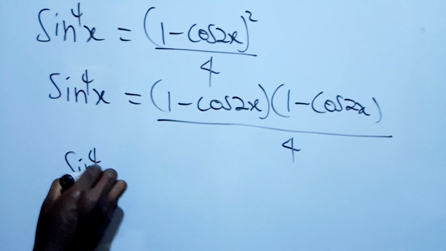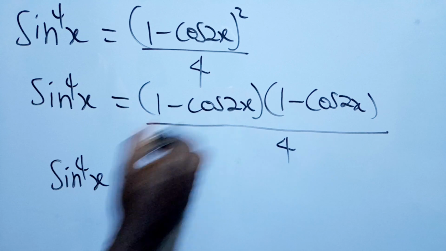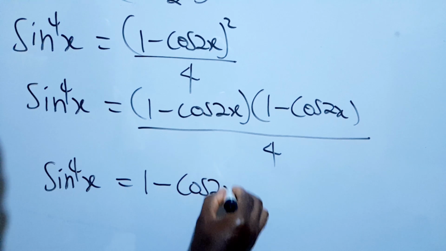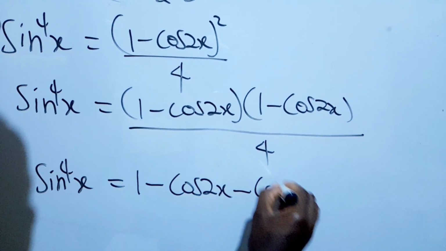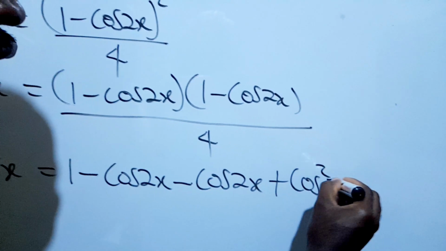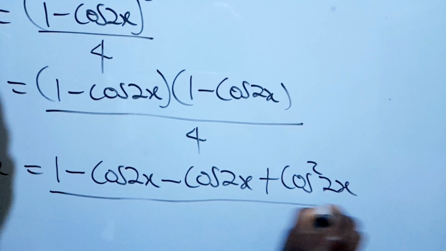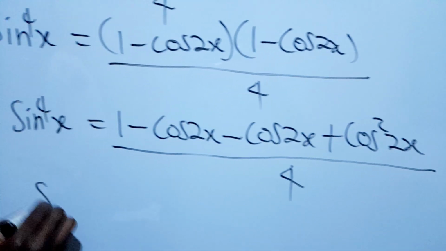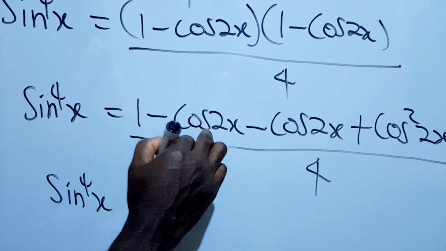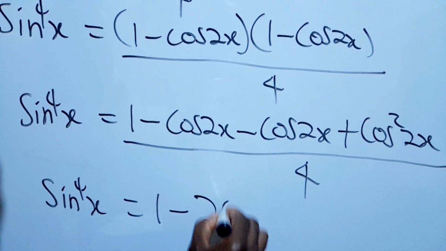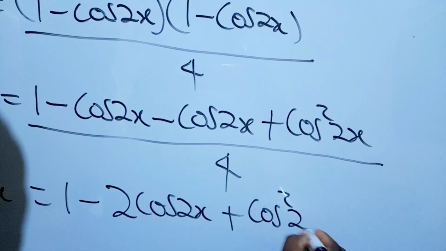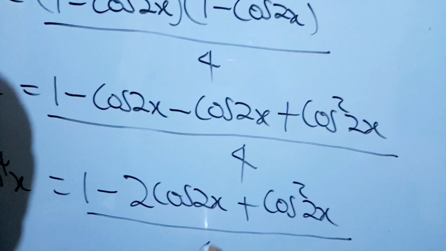So when we expand it, this times this will be 1, this times that will be minus cos 2x, then this will be minus cos 2x, then this times this will be plus cos square 2x, and this over 4. So our sine exponent 4x will be equal to 1 minus 2 cos 2x plus cos square 2x, and this all over 4.